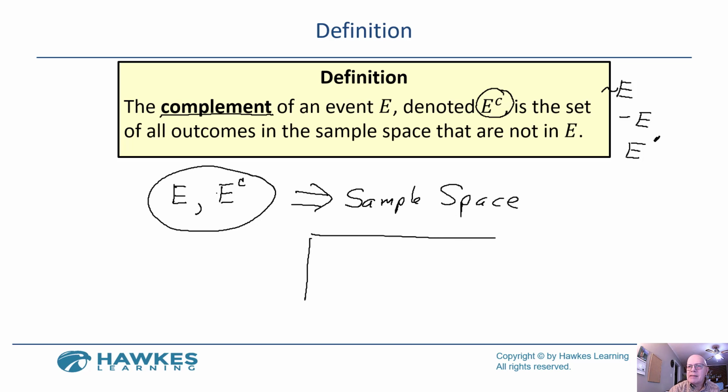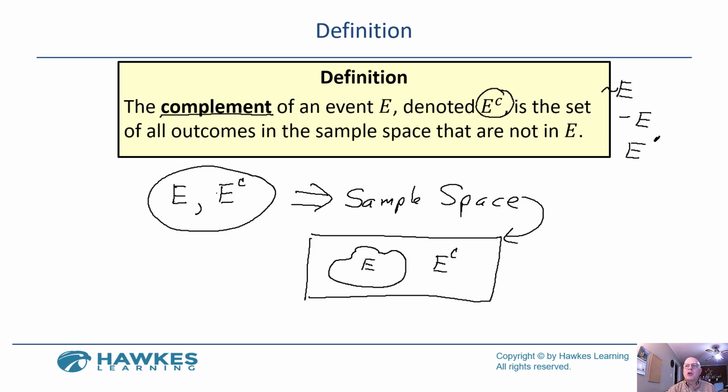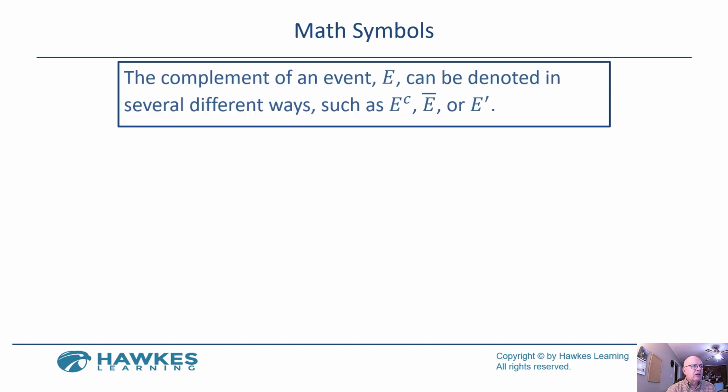Another way of putting it is, if this is your sample space, and this is a picture of your event, everything that's not in the event is out here, and when you put those 2 together, or glue them together, or throw them into a bucket together, you get the entire sample space. Remember, the probability of either of those 2 happening is equal to 1. Good thing to remember.